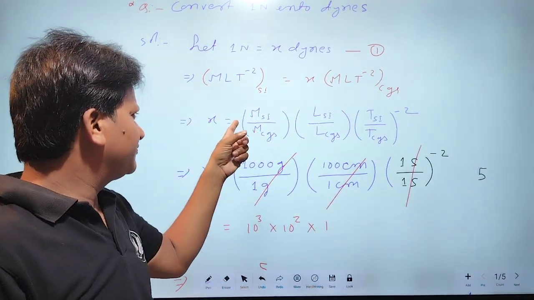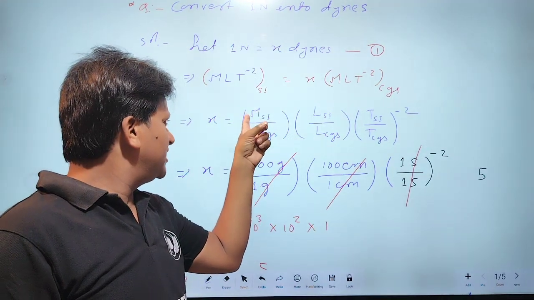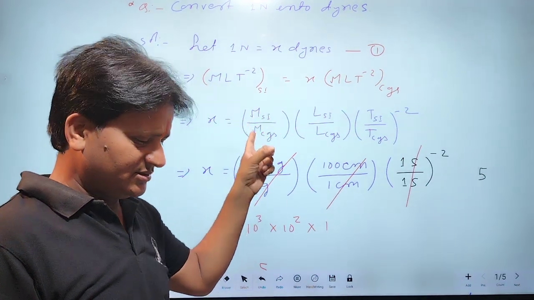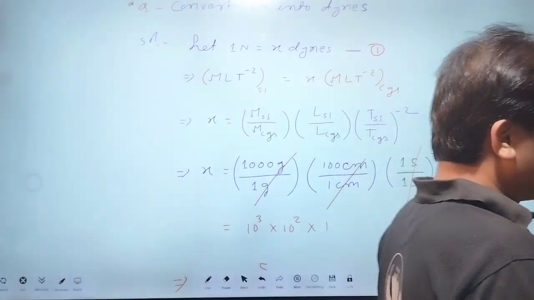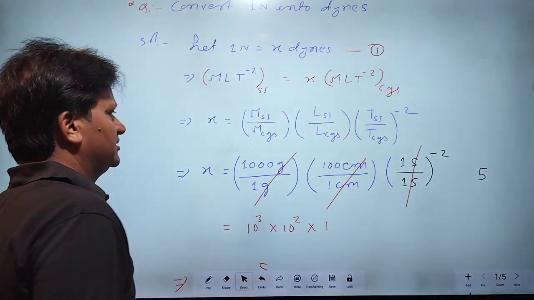Here, this is mass, and the SI unit of mass is 1 kg.